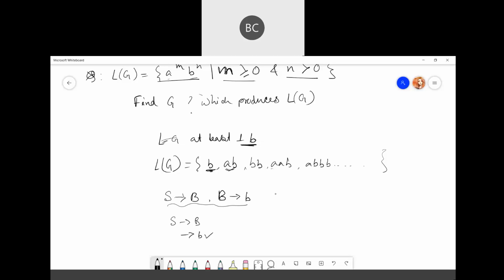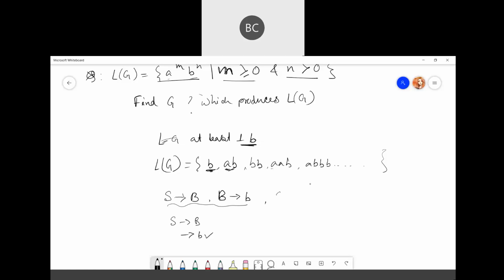Now another possibility is strings with a. That means we need another production rule from where I can generate at least one a or no a, still fine.